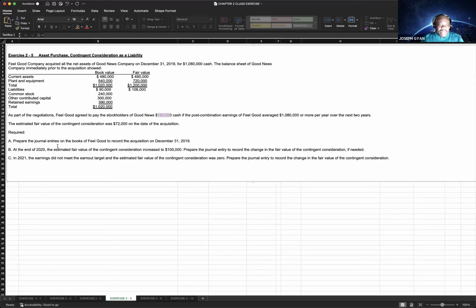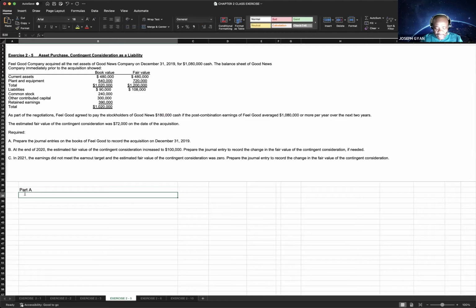So A, prepare the journal entry on the books of Feel Good to record the acquisition on December 31 when they bought the company. So part A, let's all do together. Here we are getting their current assets. Current assets here will be debit. Remember, this is your debit and credit.